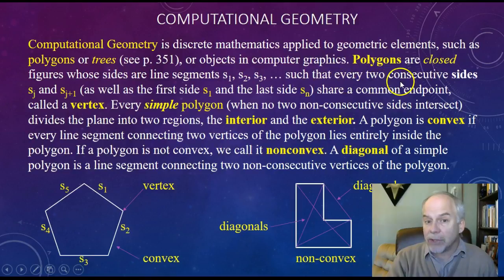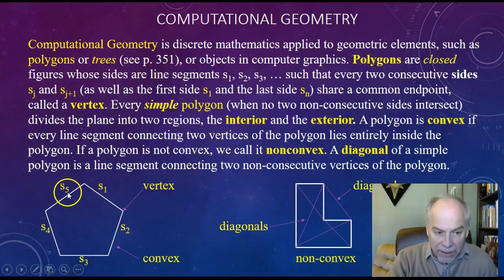Such that every two consecutive sides, Sj and Sj plus 1, as well as the first side, S1, and the last side, in this case S5, share a common endpoint called the vertex. Now you'll notice that S1 and S2 share the common vertex right here. S2 and S3 share this common vertex. All right, so there's a common vertex that is shared by any two consecutive sides.